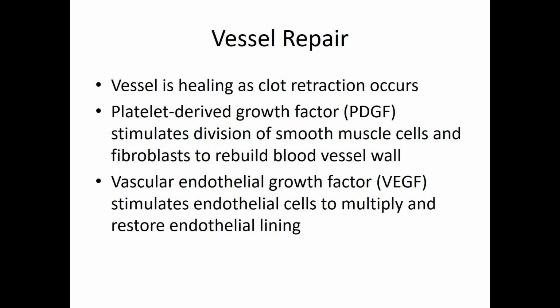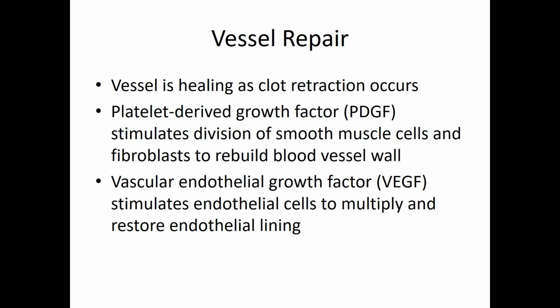And so then we get to vessel repair. This begins to happen roughly along the same time scale as clot retraction does. There are a couple of different growth factors here that are important for us, PDGF and VEGF. If you want to remember those, that's awesome. I'm not going to ask you to remember them.